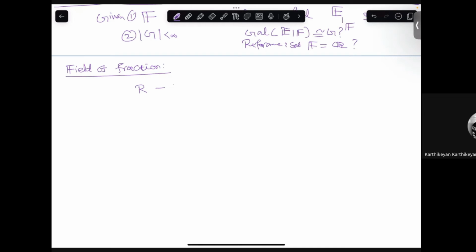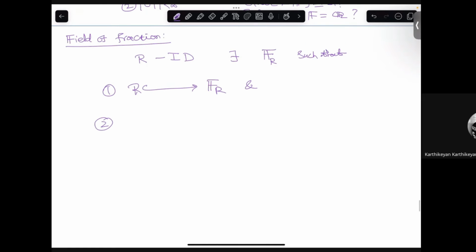So I have an integral domain R. There exists a field F_R such that, one, R is injected into F_R, R is contained in F_R, and two, for any field, when I put this, it's a ring homomorphism, right?